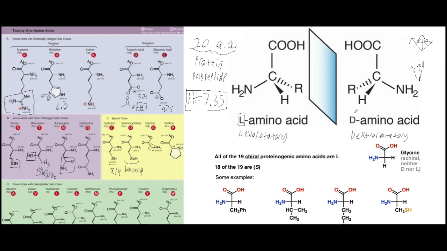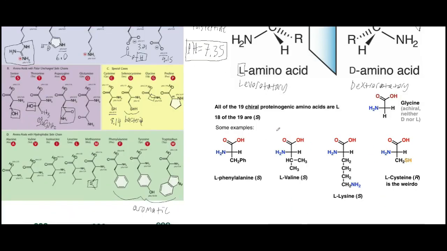One of them is they use them in their cell walls. It's those amino acids in the cell walls that antibacterials or antibiotics target. I'm not going to go too far into that because that's a different subject.